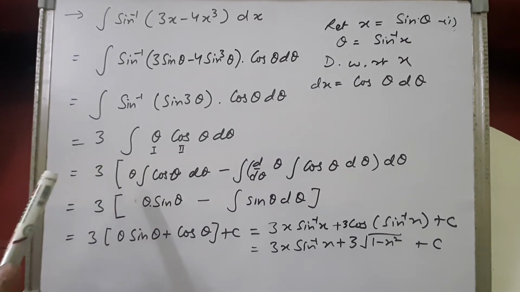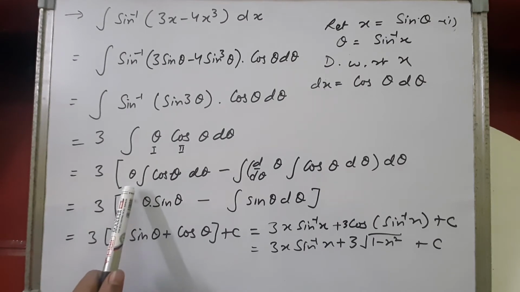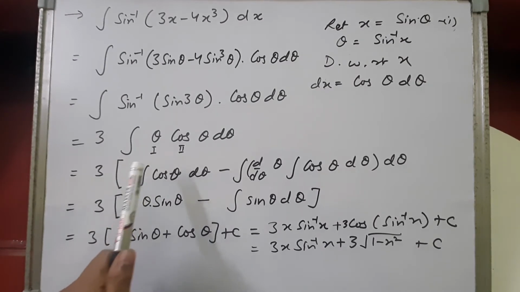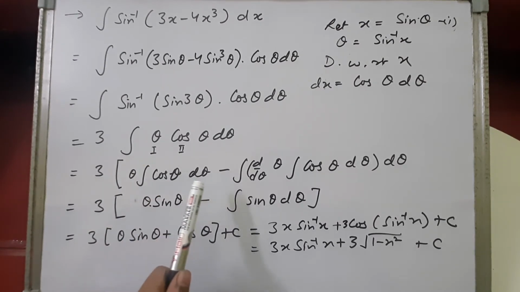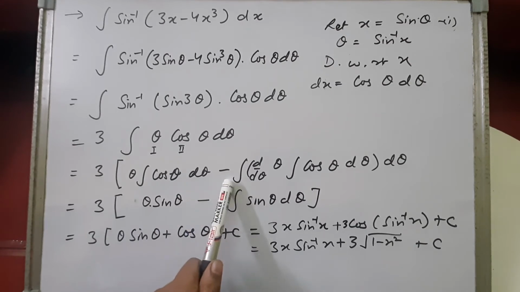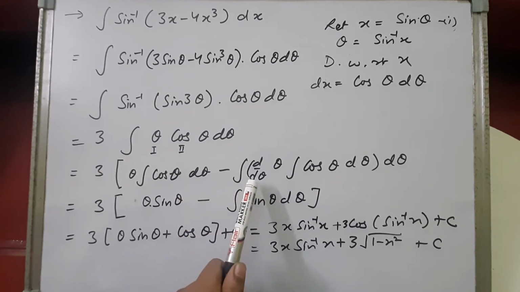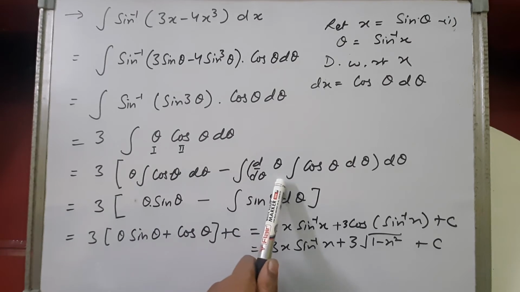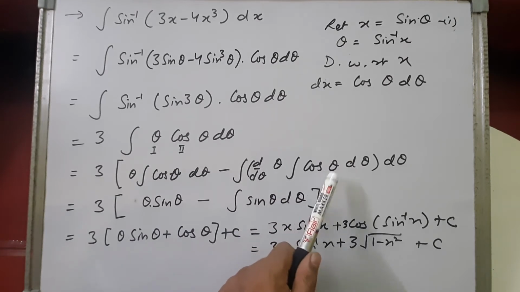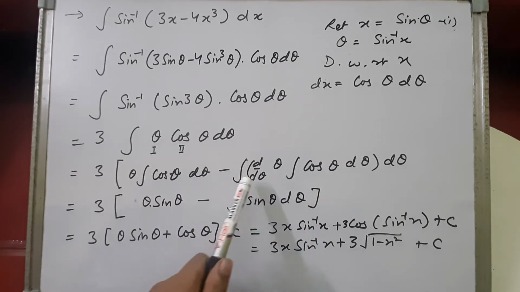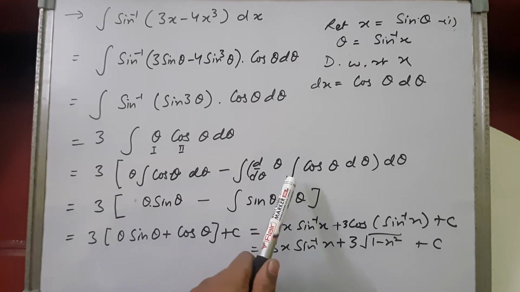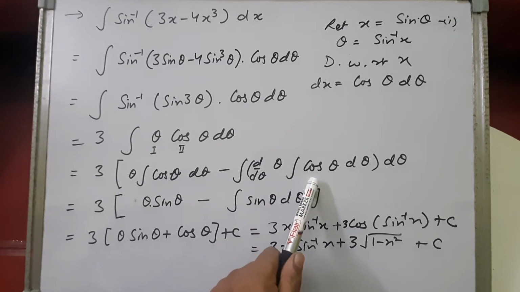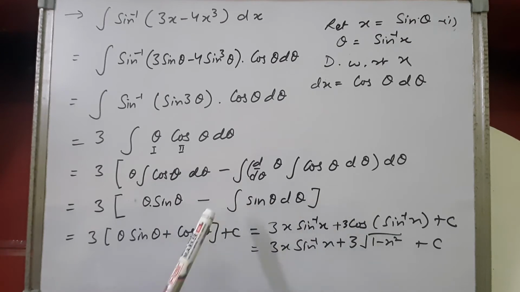So what we'll get here? 3 times (first function, which is theta, into integration of cos theta d theta, minus integration of d by d theta of the first function into integration of the second function, to the whole integration).